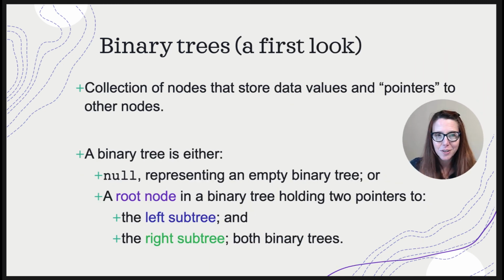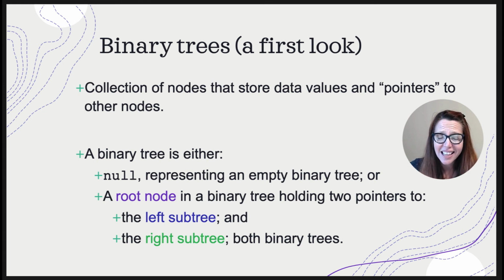The next recursive structure we'll look at is that of binary trees. So at its core, binary trees are just a collection of nodes that store data values and pointers to other nodes. So at its core, that sounds a lot like a linked list. And it's not that they're dissimilar. However, unlike linked lists, the node in a binary tree holds pointers to 2 other nodes, or null, depending on whether or not it's pointing to an empty binary tree.